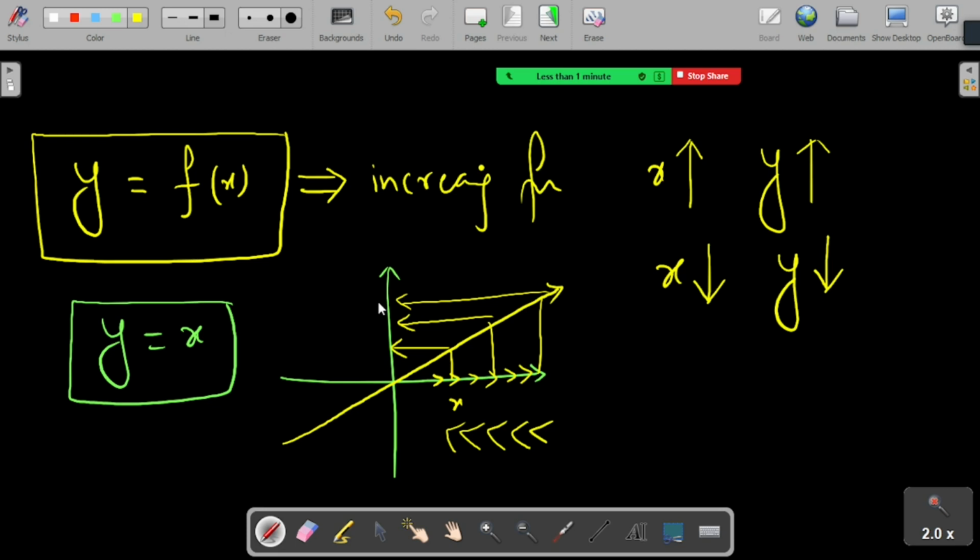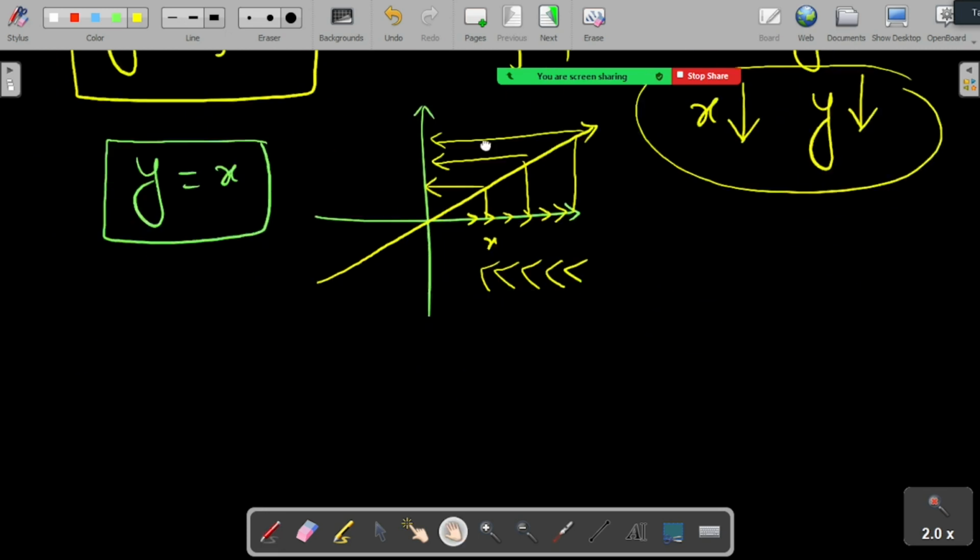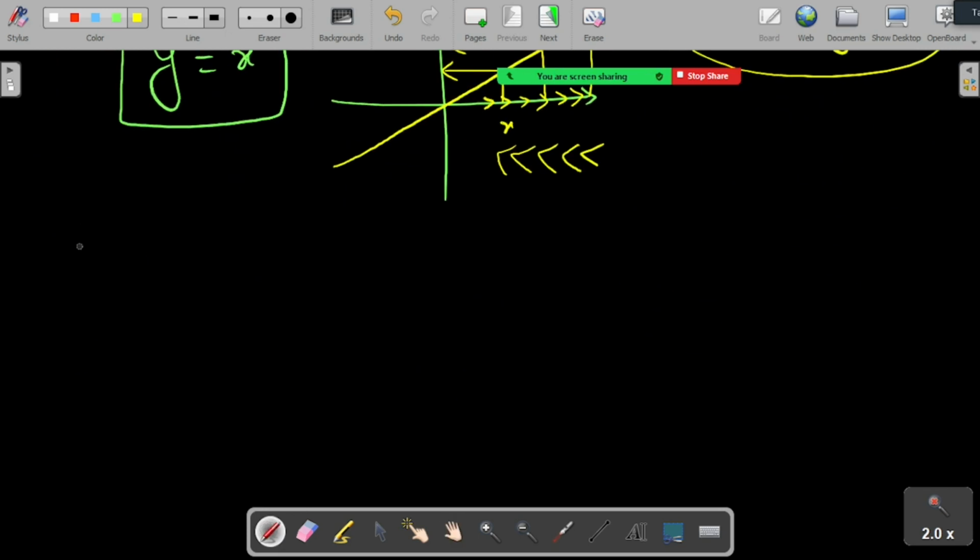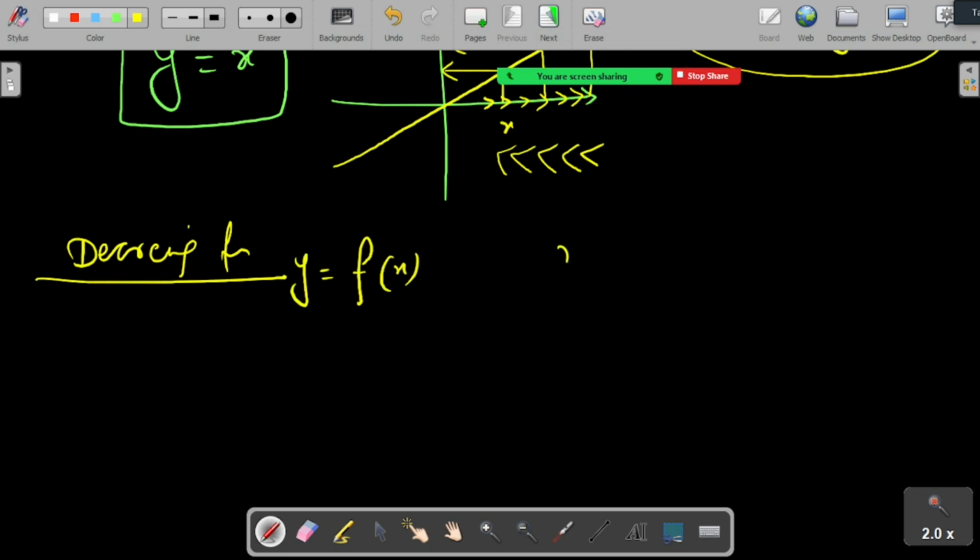Is it okay? Similarly, for a decreasing function, let y equals f(x) be my function. If x increases, y should decrease. If x decreases, y should increase. That's the meaning of a decreasing function.